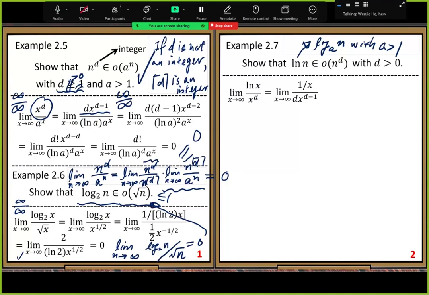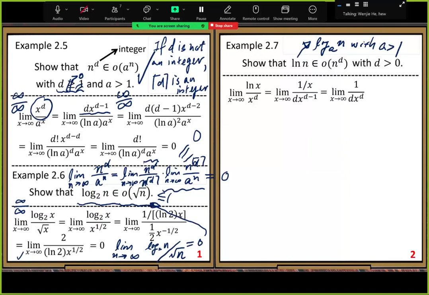For the denominator, we use the power rule for the derivative, so d times x to the d minus 1. Then we do simplification. After simplification, the fraction is 1 over d times x to the d.